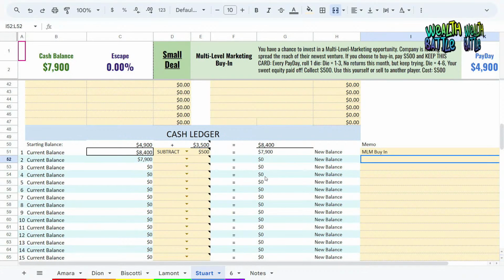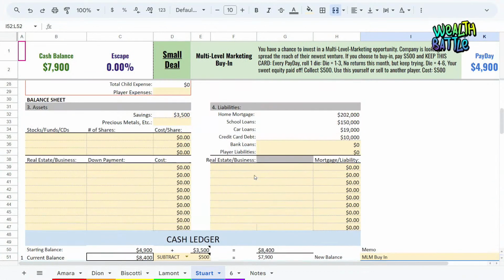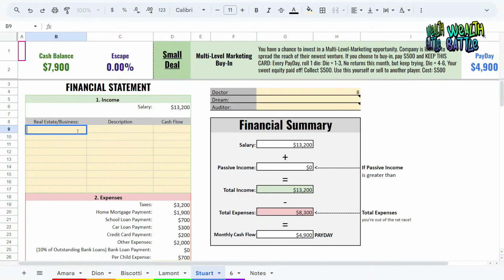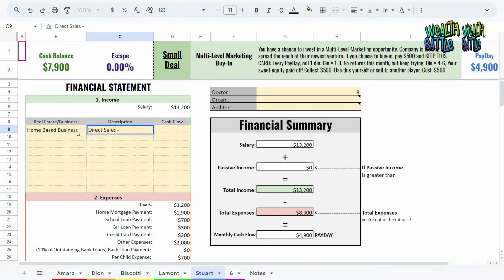Okay, so now you've bought the MLM, but we need to track this thing somehow. So we're going to come up to real estate/business. It's a home-based business. It's direct sales, some might say. And in this case, we're just going to notate that die equals 1 to 3, $0.